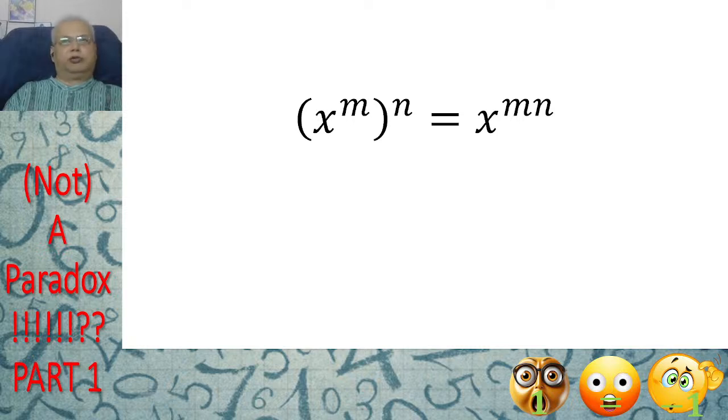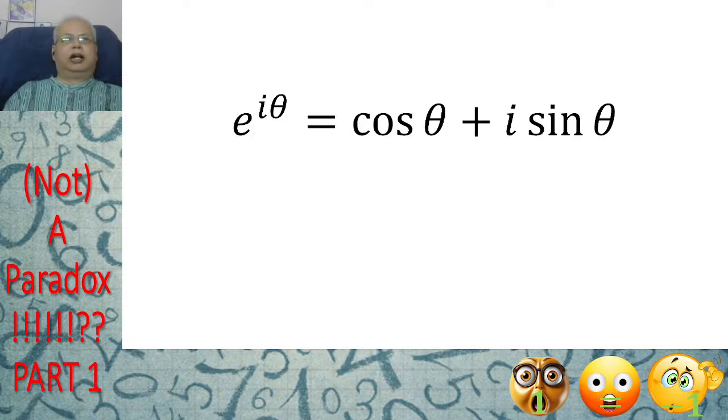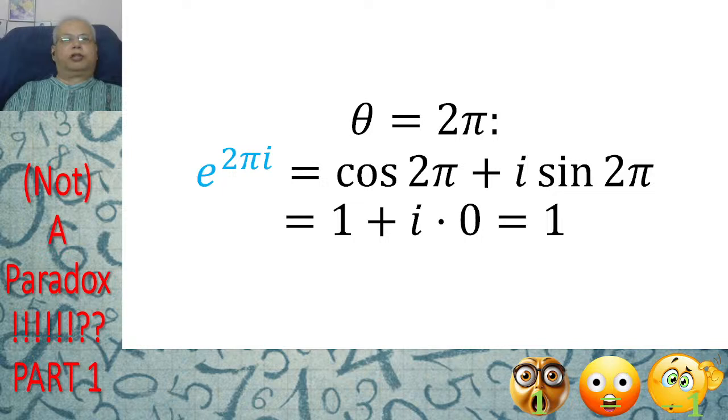Now let us see what Euler's identity is. It is very simple. Exponential i theta, e to the power i theta, is cos theta plus i sin theta. This is Euler's identity. Now suppose theta is equal to 2 pi. If we put 2 pi for theta, then e to the power i theta becomes e to the power 2 pi i.